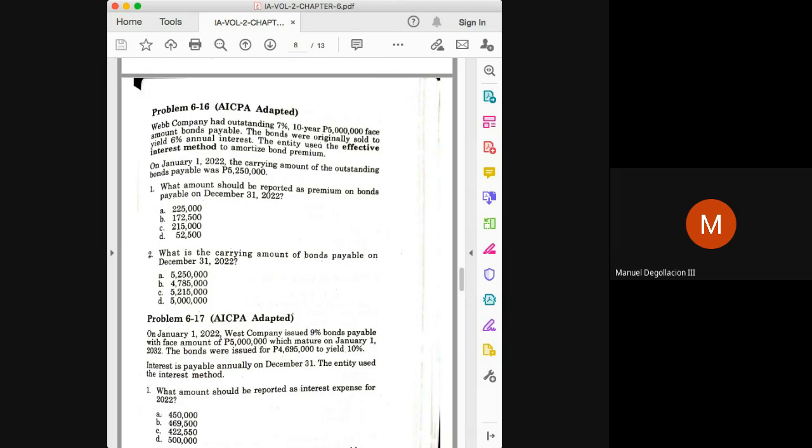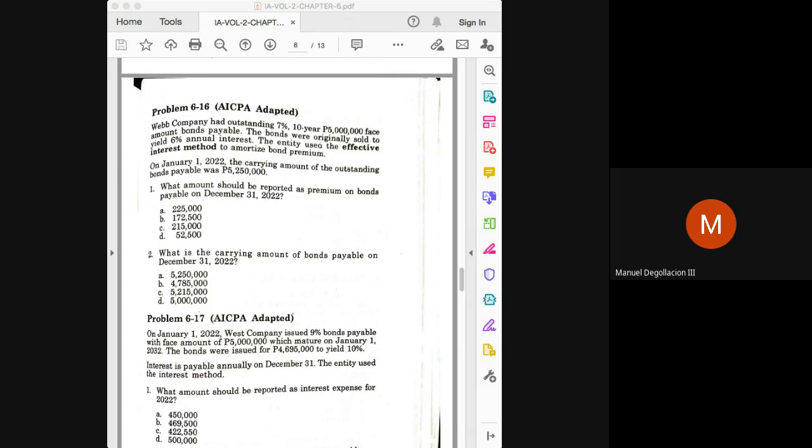So it will now be 6% multiplied by 5,215,000, times 0.06, that will give us 312,900. So the interest expense for 2023 in this problem would be 312,900.